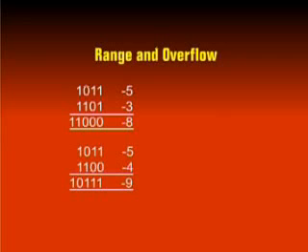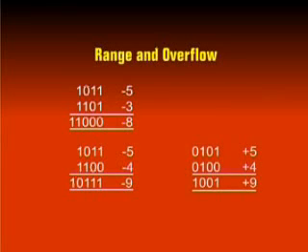The answer is -9. Now if you observe the most significant bits of -5 and -4, they are both 1s. What do these bits indicate? The bits indicate that both the numbers are negative. So if you add 2 negative numbers, the result should be negative. But in this particular case, you see a 0 as the sign bit for -9, which is incorrect.